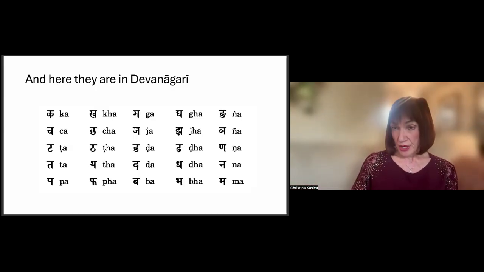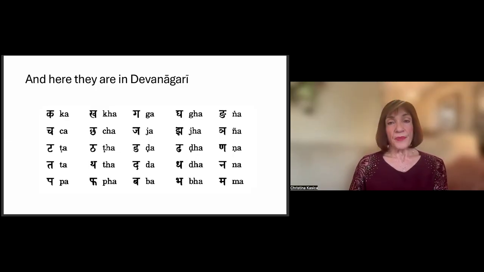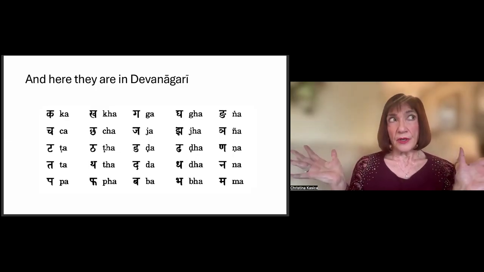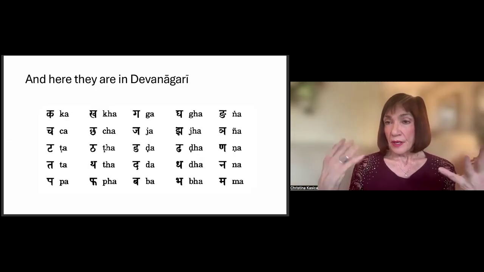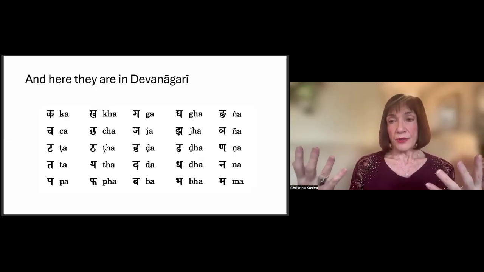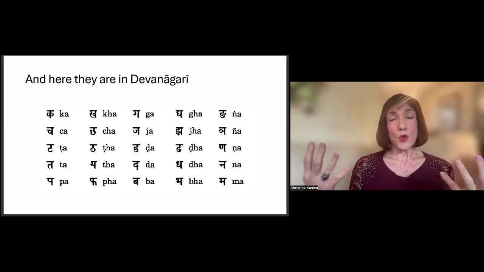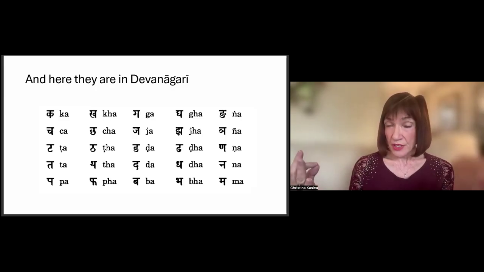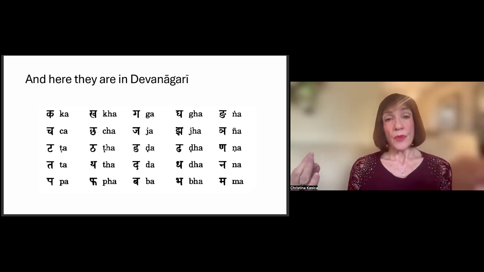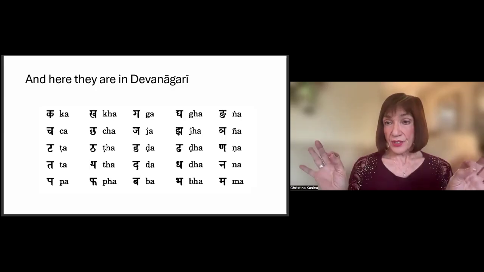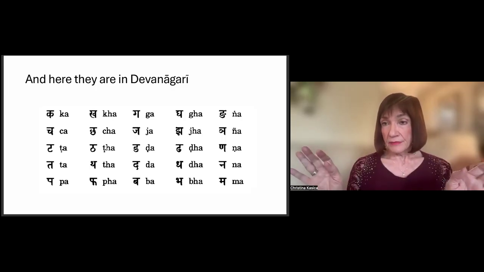Great. Okay. So one thing to notice, the line that goes across the top of all Devanagari letters is the sutra. And sutra, you may have learned this in Buddhist studies, can be a verse or a story, a teaching spoken in the Buddha's own words, or it just means a thread, a line.